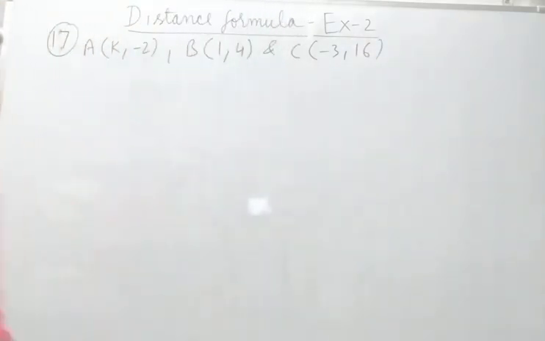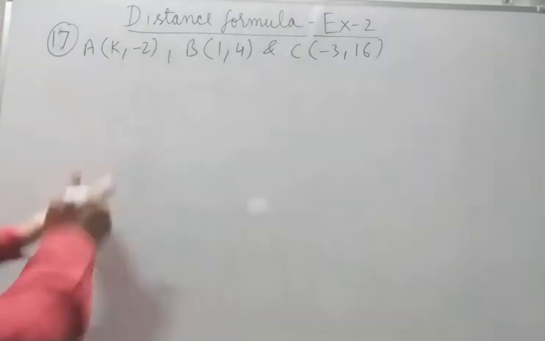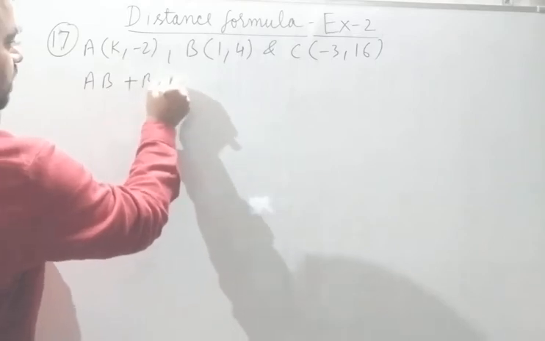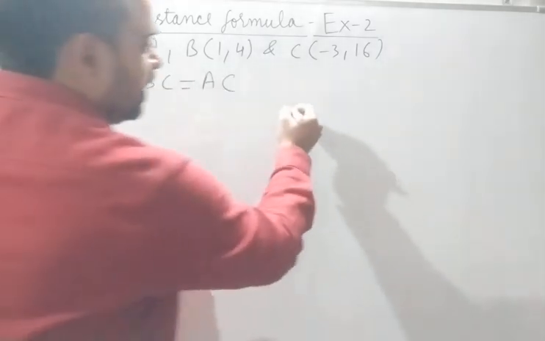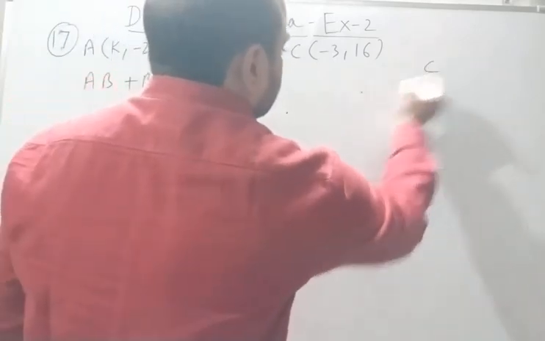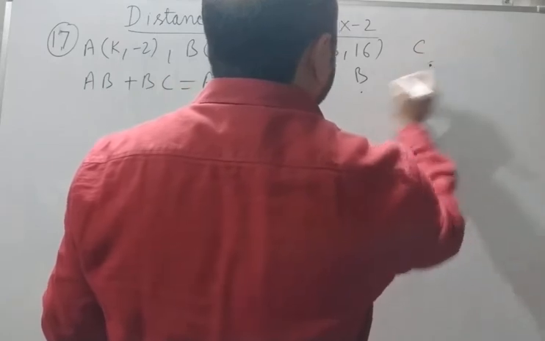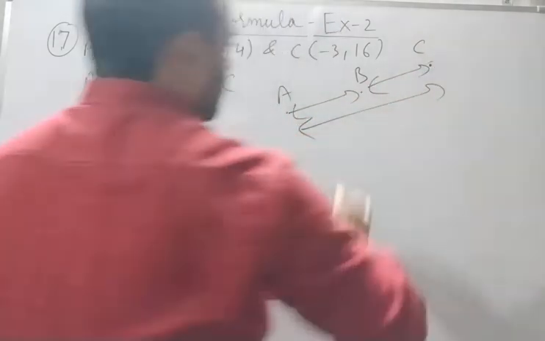Given order means ABC are collinear. It means the sum of these two must be equal to AC. This is the given order. It means AB plus BC is equal to AC.